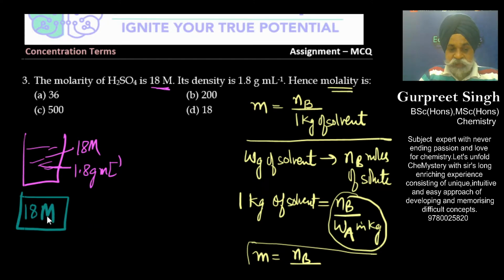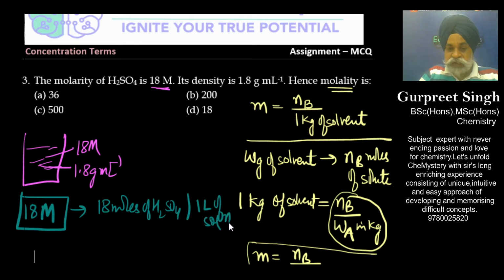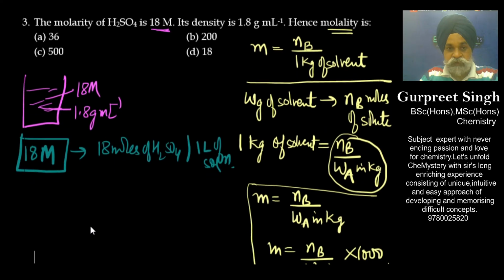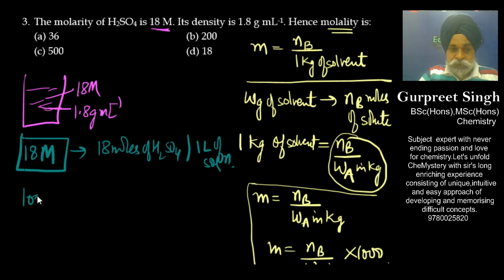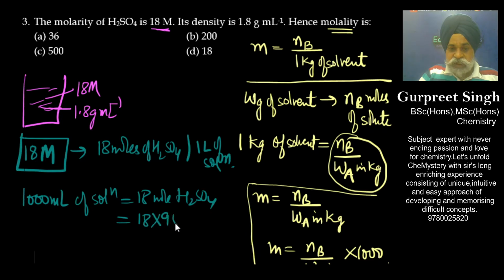When I say 18 molar solution, it simply means that 18 moles of H2SO4 are present in 1 liter of solution. 1 liter of solution is containing this much number of moles of sulfuric acid. Now, I can simply say 1 liter means 1000 ml of solution is containing 18 moles of H2SO4, and 18 moles means 18 into 98, that would make 1764 grams of sulfuric acid.